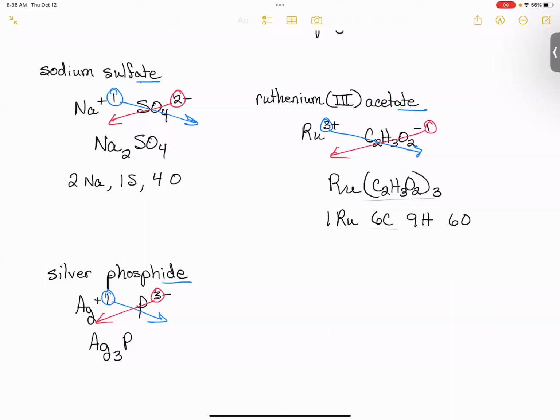So you still got that memory work. All the name is doing is helping you to narrow it down a little bit. We're just narrowing it down. Is it a metal whose charge is constant or not? Is it a polyatomic ion or not? That's all the name can do for you, is narrow it down. But if you don't have that memory work, you're not gonna know where to go.